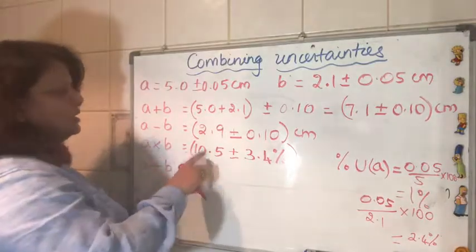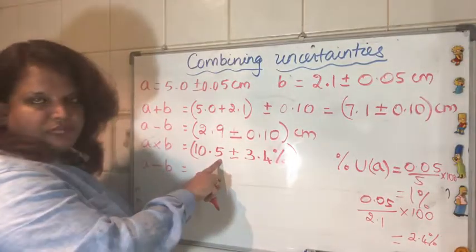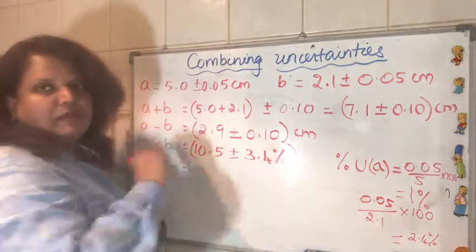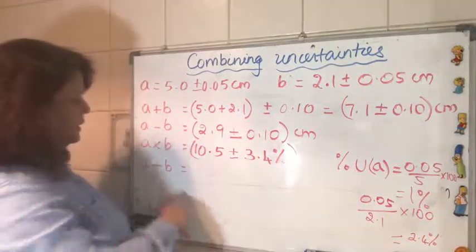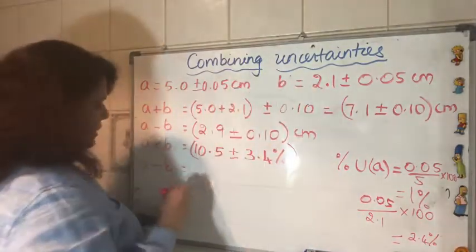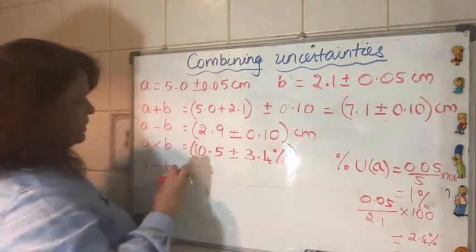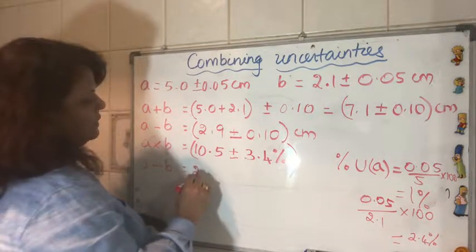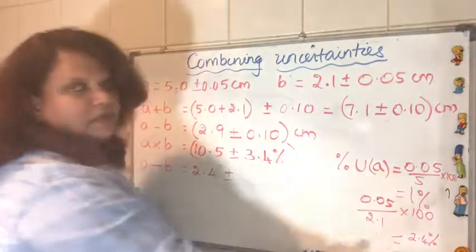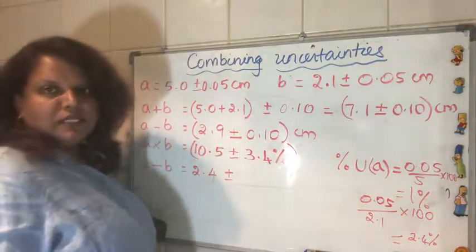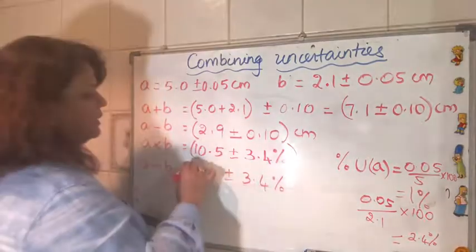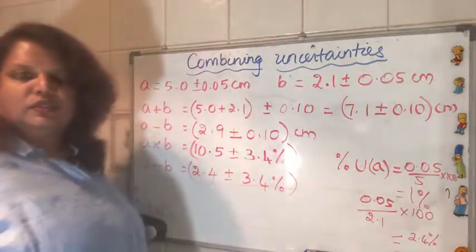So multiplication, you have to multiply the two values or the readings, then plus or minus you have to combine, add the percentage uncertainties. Now division also, 5 divided by 2.1, you will get 2.4, I think, I'm not sure. Plus or minus, still you will get the same answer. You need to combine the percentage uncertainties, will be 3.4%. That's how the calculation goes.